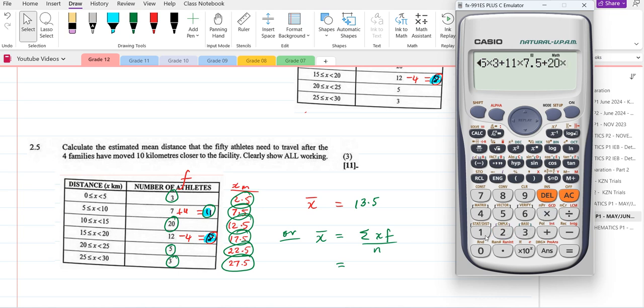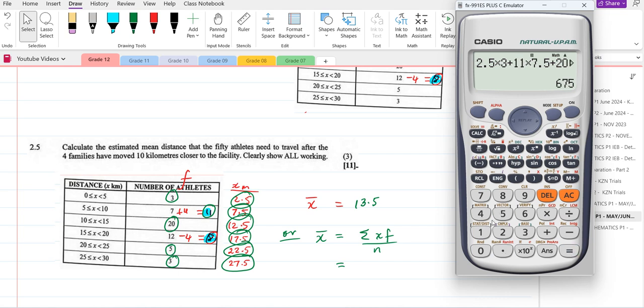times 12.5 plus 8 times 17.5 plus 5 times 22.5 plus 3 times 27.5.